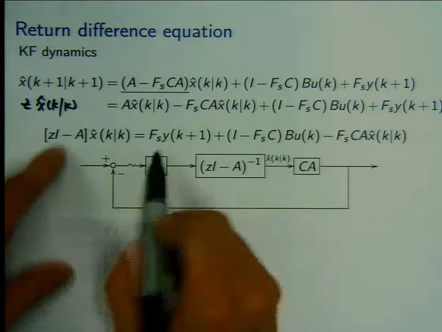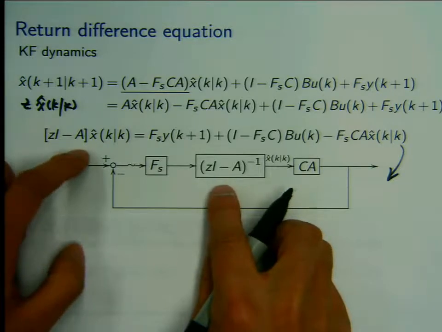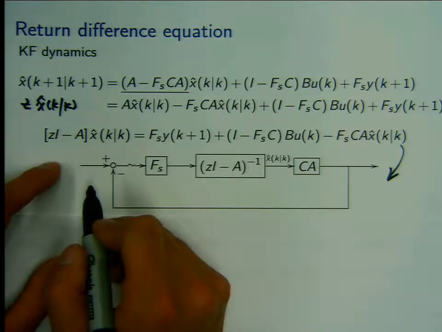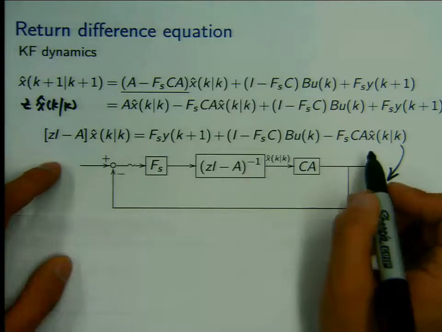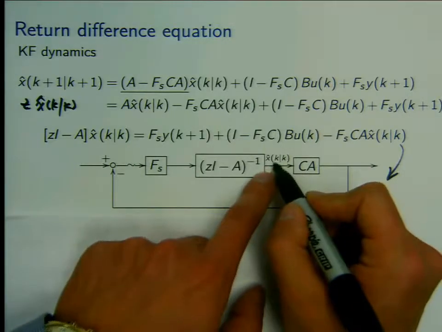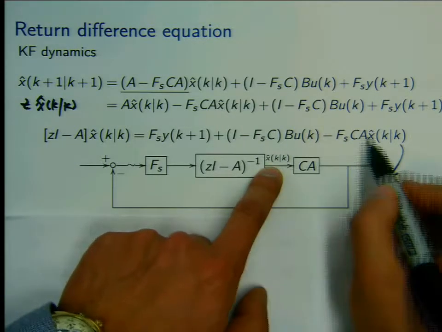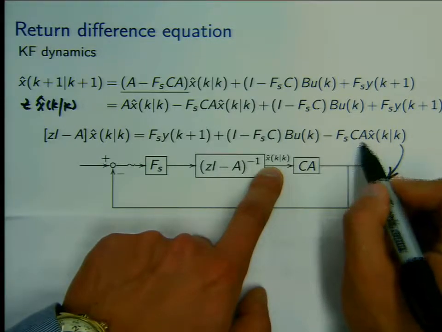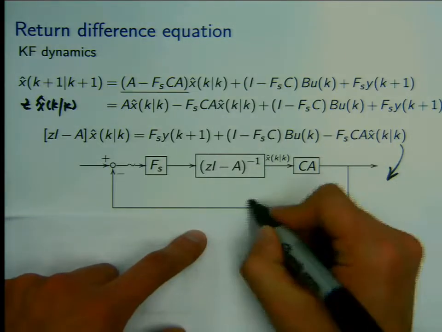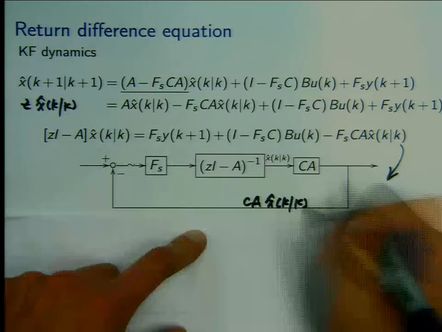Okay, so how this comes from here is exactly, let me start with it. Here, I can start here. I have the x hat k given k signal here. If I pass this signal to CA, this is the signal C A x hat k given k.